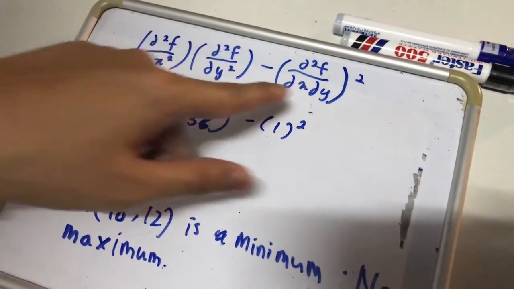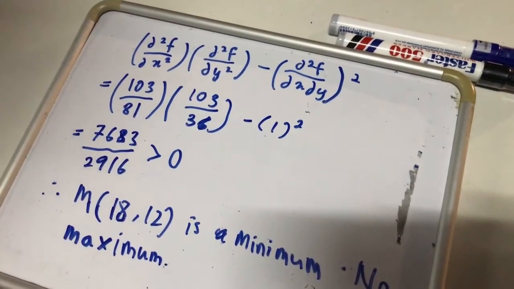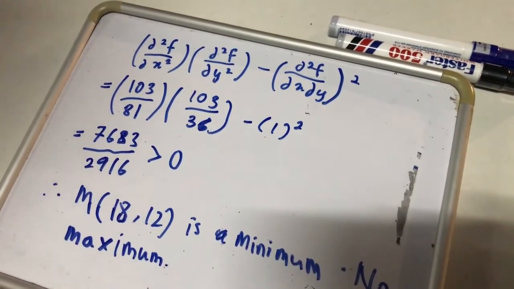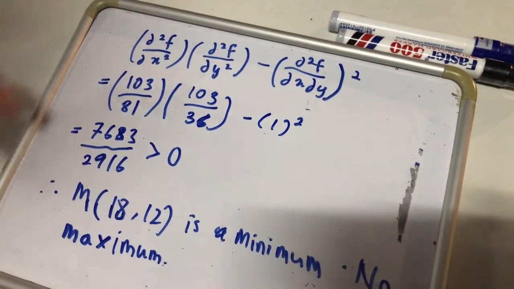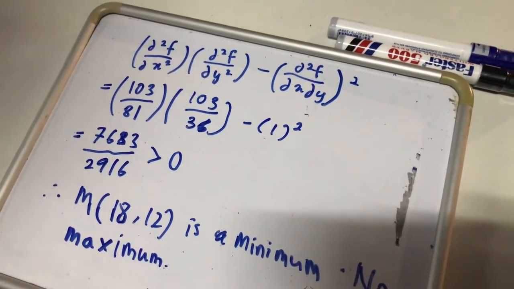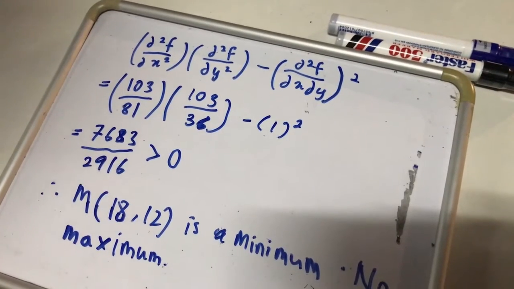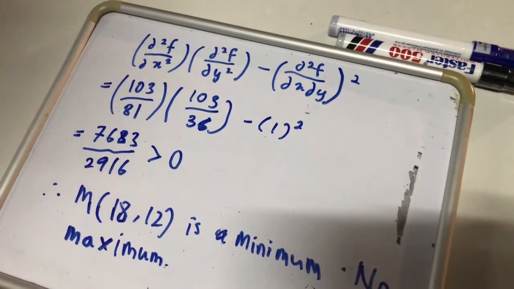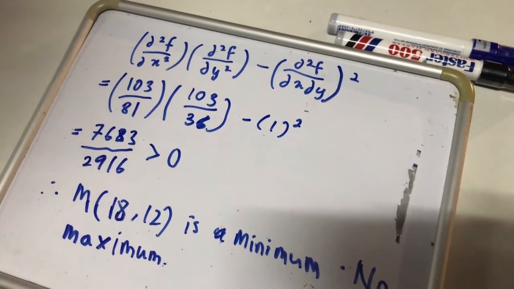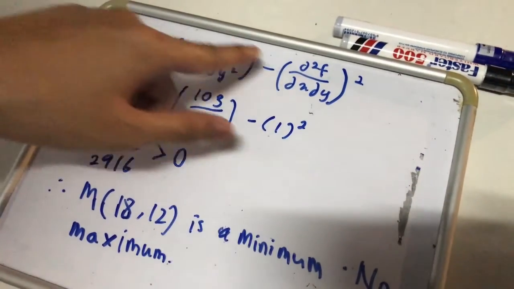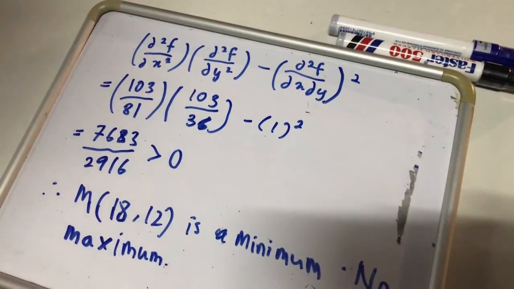So del square f over del x square multiplied with del square f over del y square minus del square f over del x del y to the power of 2 equals 103 over 81 multiplied with 103 over 36 minus 1 to the power of 2, and the answer is 7683 over 2916, which is greater than 0.